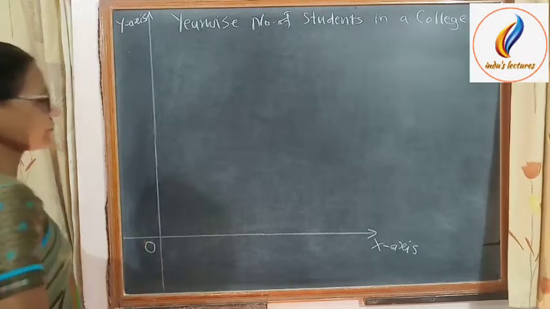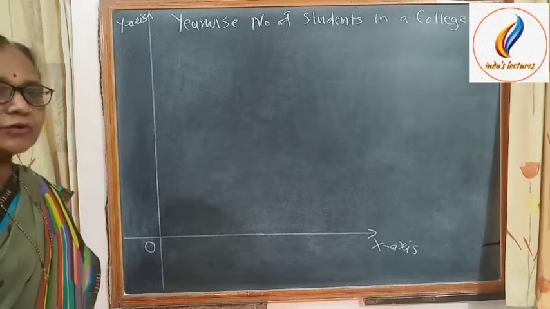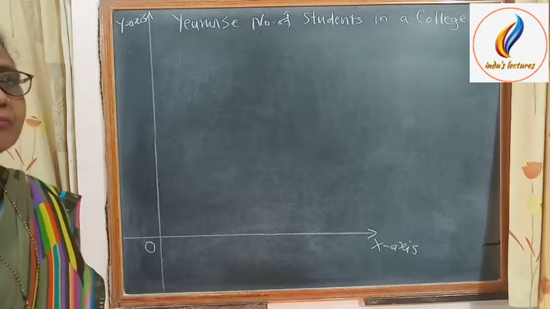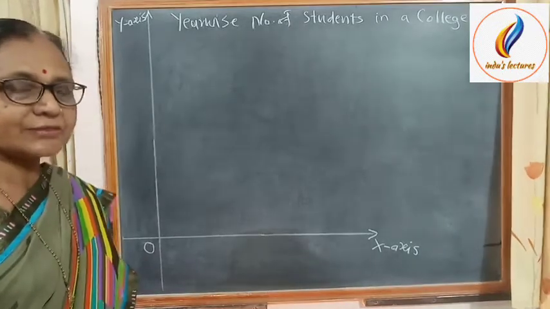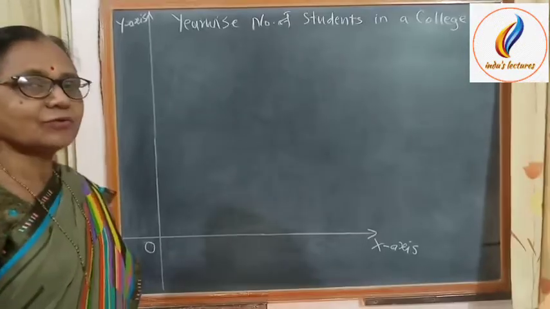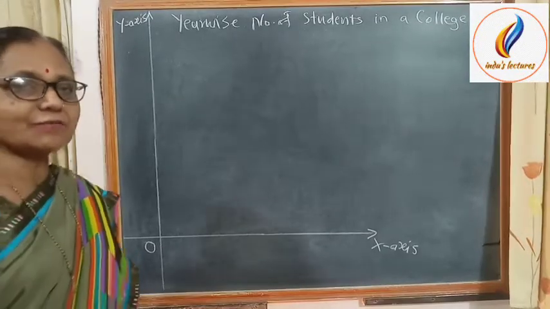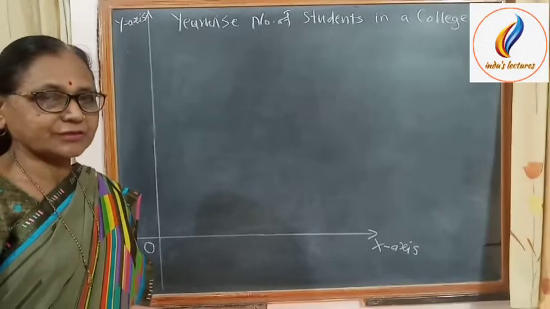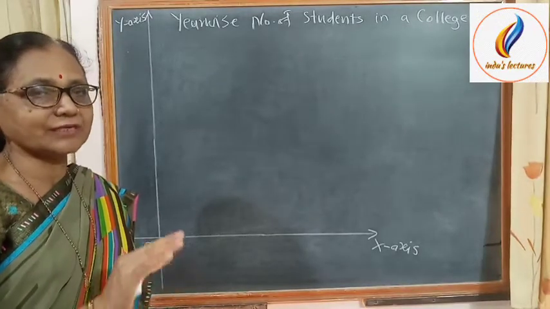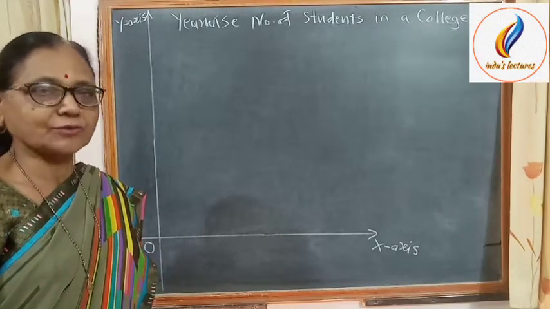Now, the second rule is to mention the measurement unit. That means label the axes. Now, we have to present the year-wise strength of students. That means there are two variables. One is year and the second is number of students.